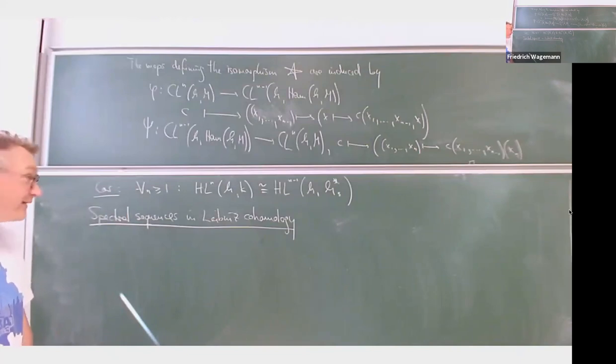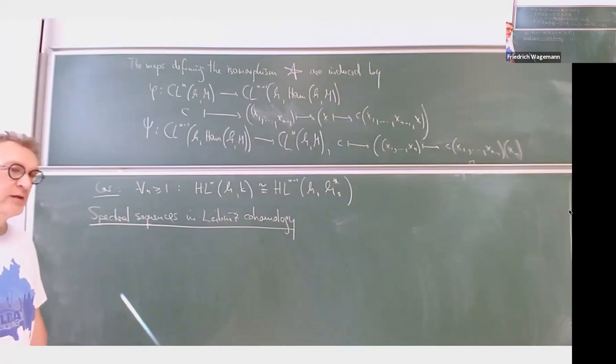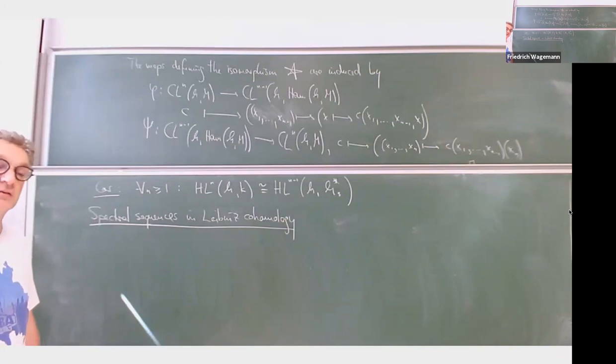The extra structure which leads to spectral sequences is a filtration on the cochain complex. Every time you have a filtered cochain complex, you have a spectral sequence which in the very first step takes the associated graded complex.